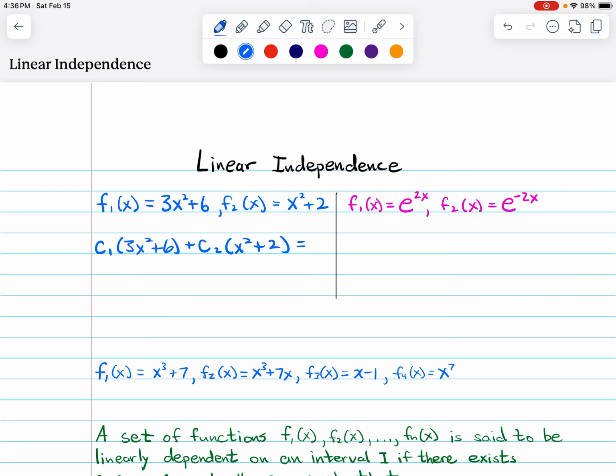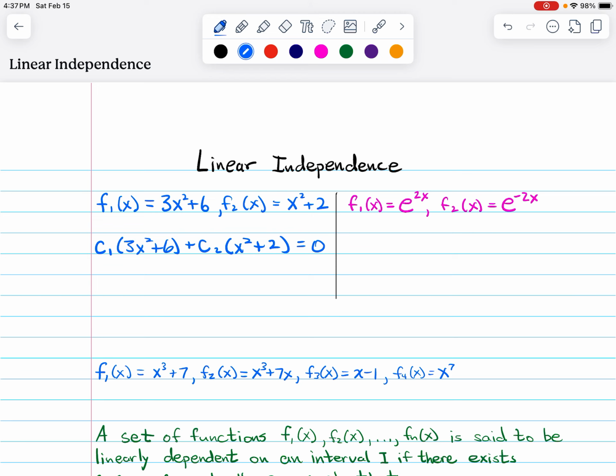Now, if there's any value that I can find for C1 and C2 so that this expression is 0, then we say that those functions are dependent. So if there's any way I can find a C1 and C2, provided that they're both not 0. So one of them, at least in this case, can't be 0.